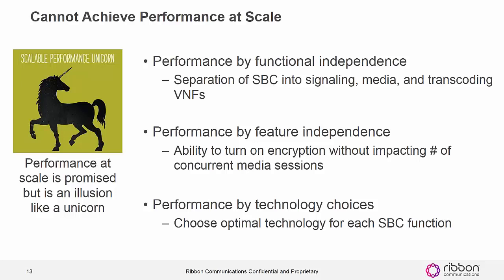Finally, the other one that we found is increasingly important is being able to apply technology choices to an individual SBC function or an individual VNF. So there's reasons to use different technology to take advantage of different functions.